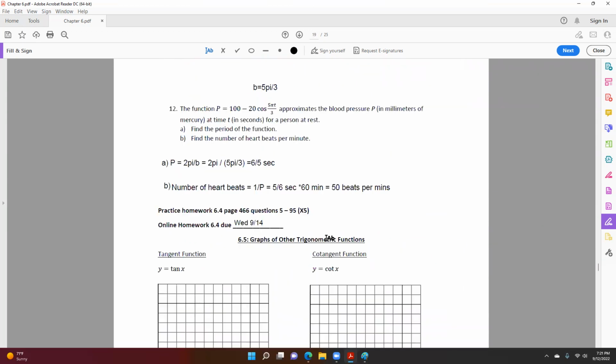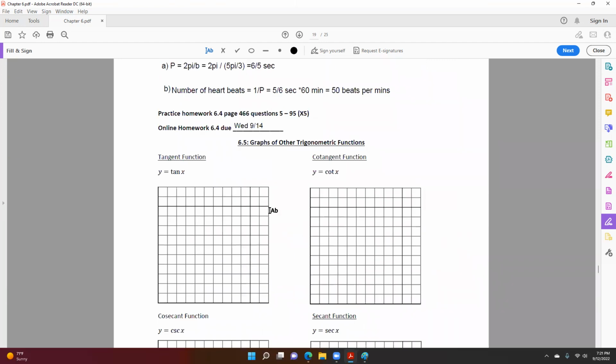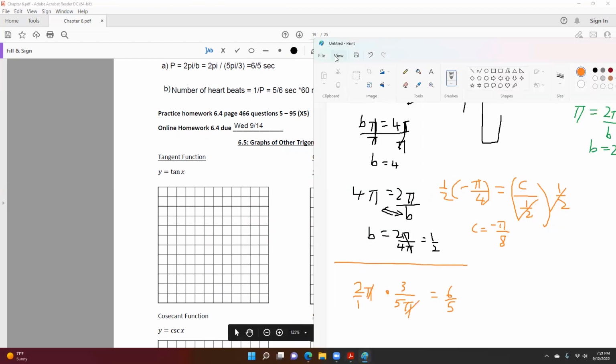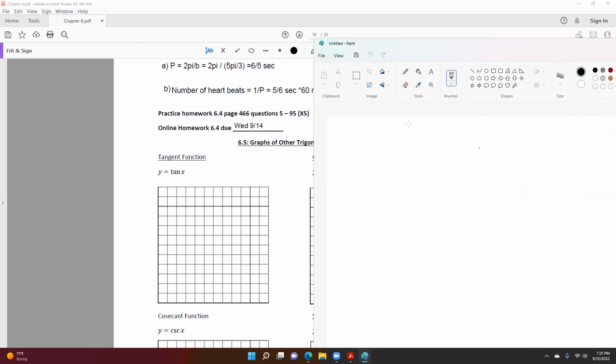For the tangent piece, what you need to do, class, is look at y over x. Remember, sine is y, cosine is x. So you look at tangent, and we begin to use the graph for that case.